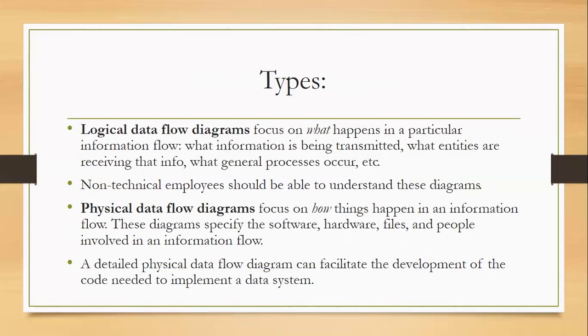Here a non-technical person can easily understand the concept, because we do not cover the technical portion. The technical portion is omitted in the logical data flow diagram, because it is just for the end user who requests it, and that end user doesn't have any technical knowledge of the system.